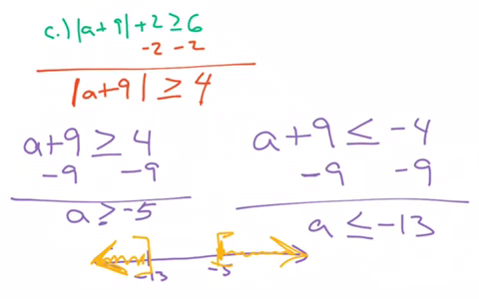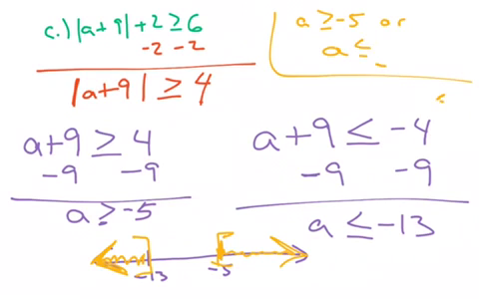Okay, so that means the final answer, I'm going to squeeze it in right here, is that a is greater than or equal to negative 5, or a is less than or equal to negative 13. Hopefully that makes sense. I think the key is draw a picture.